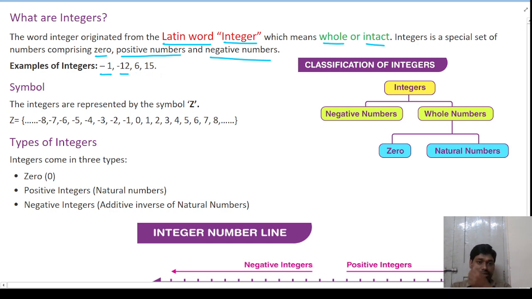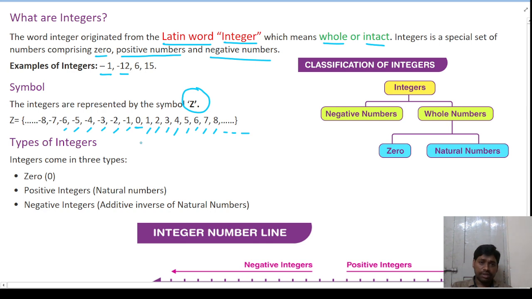The symbol for representing integers is Z. In this set there is 0, negative numbers -1, -2, -3, -4, -5, -6 and so on, and positive numbers 1, 2, 3, 4, 5, 6, 7, 8 and so on.